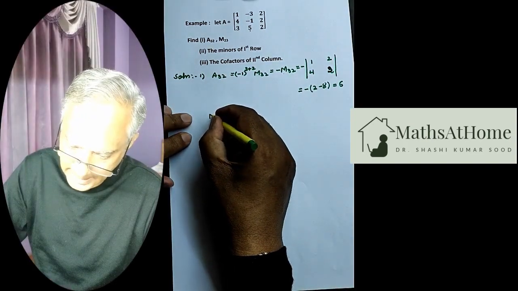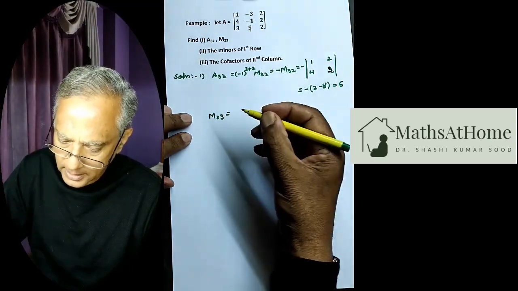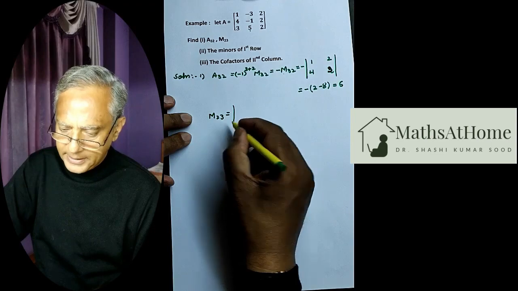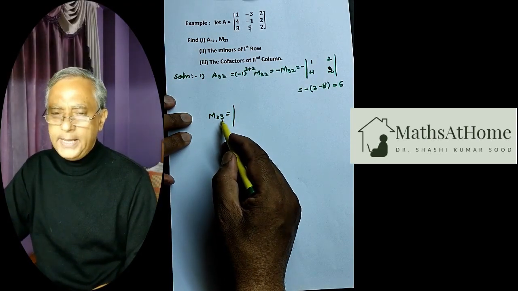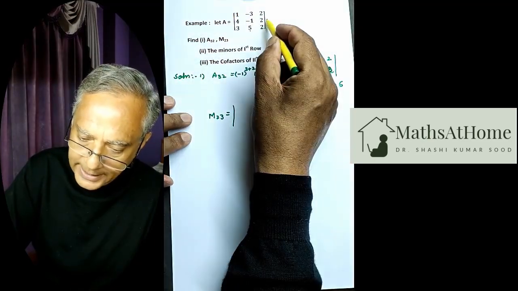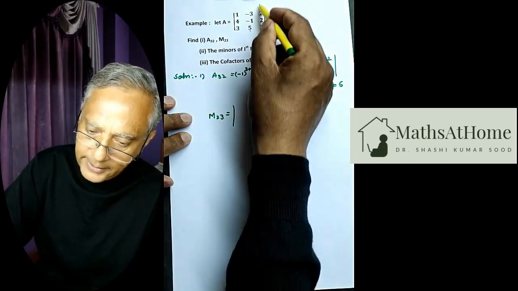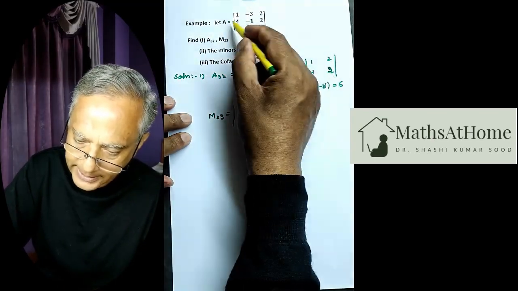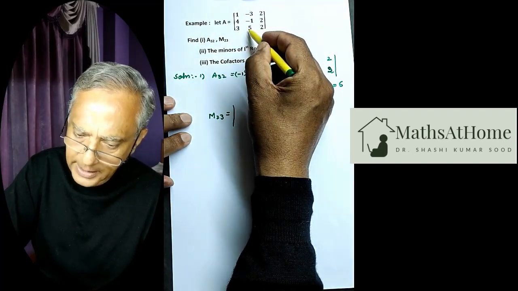Now second is M2, 3, that is the minor of the entry at second row and third column. So we will delete the second row and the third column. This and this will be deleted and we are left with 1, minus 3, 3, 5.